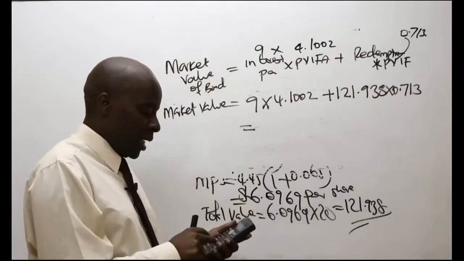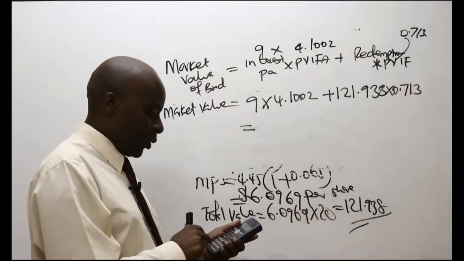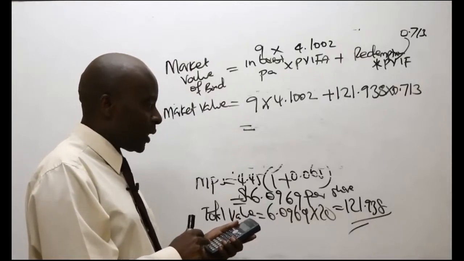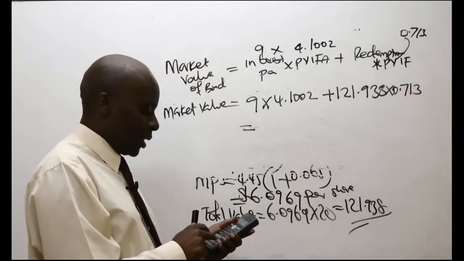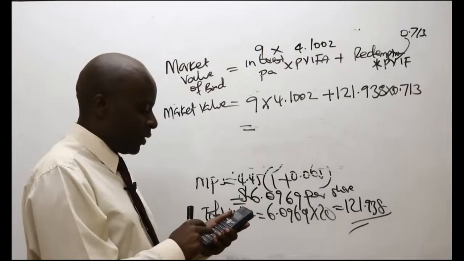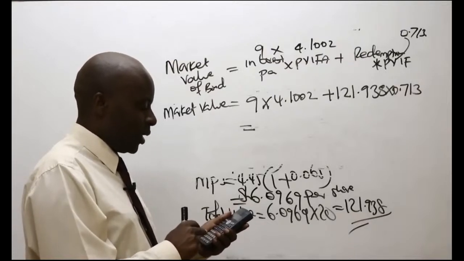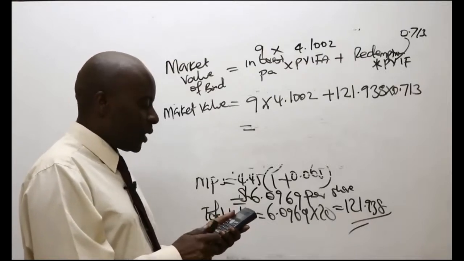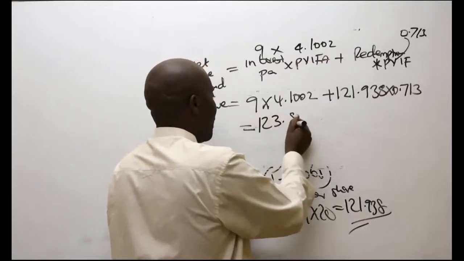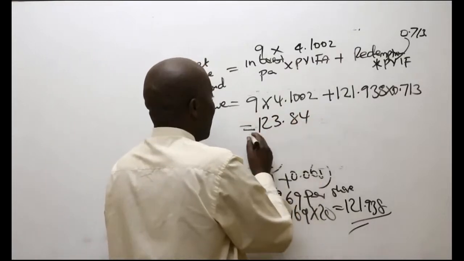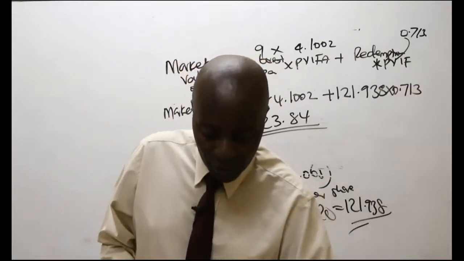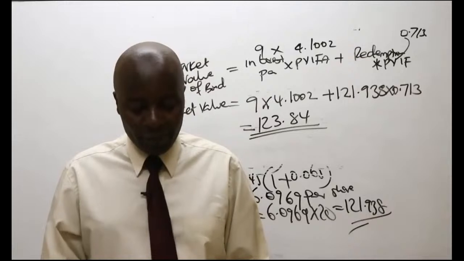We have 9 times 4.1002 plus 121.938 times 0.713, which at the end of the day will give us 123.84. That is the market value of your convertible bond.